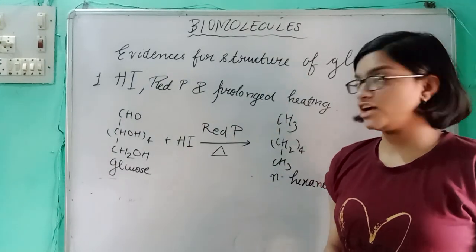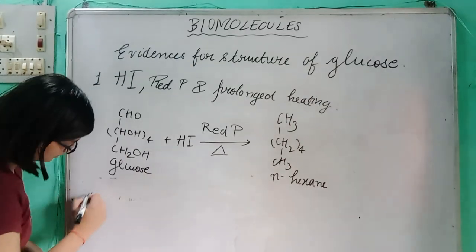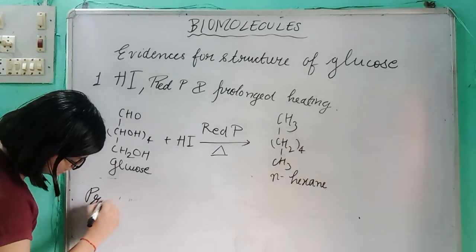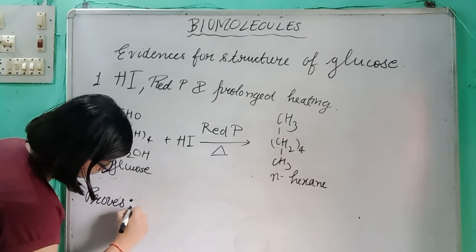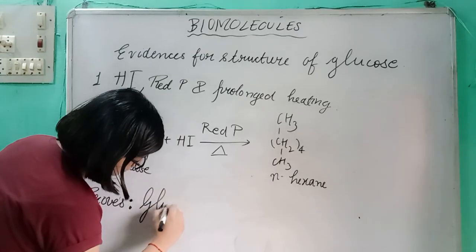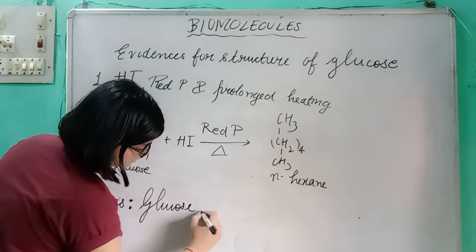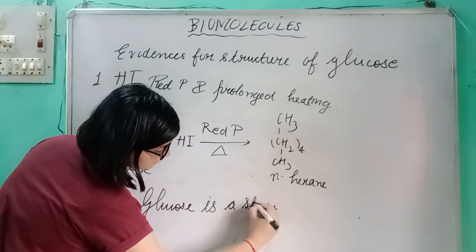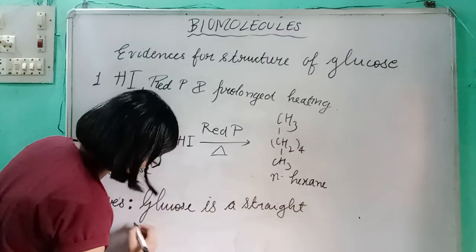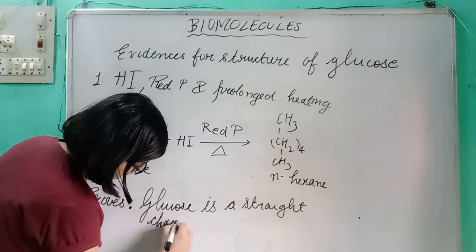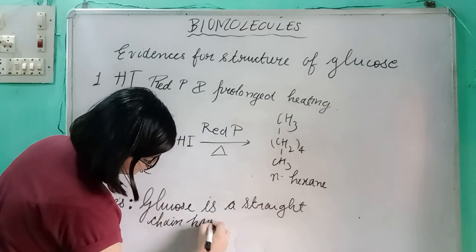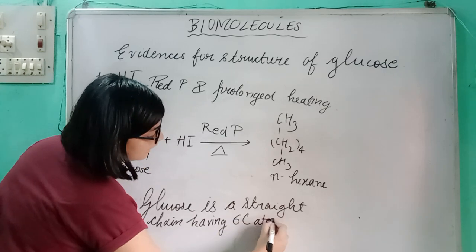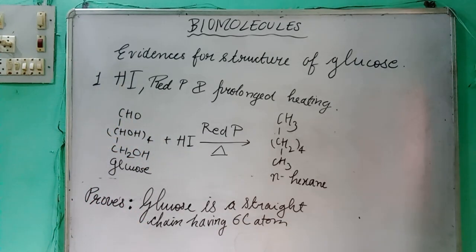This reaction proves that the structure of glucose is a straight chain having 6 carbon atoms.